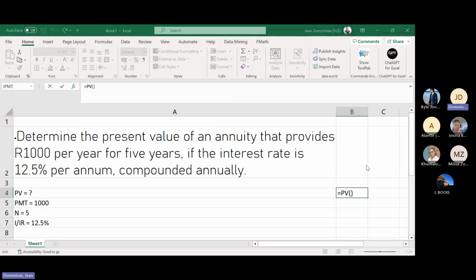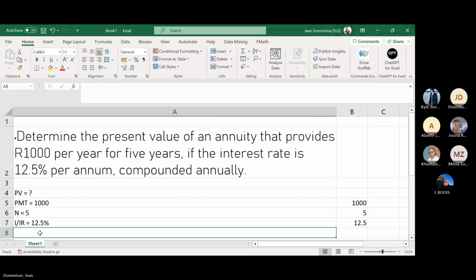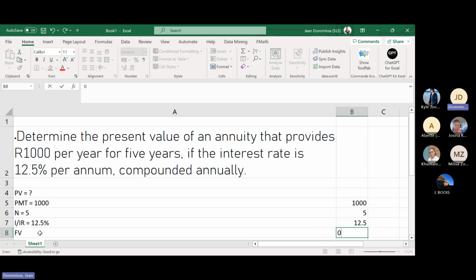So before we do that, I just want to make this a bit easier for us and for you, when you use it. Let's put in the future value so that if there is a future value in the future, you can just add that in here in your formula. Okay, so let's go. Interest rate is 12.5%.